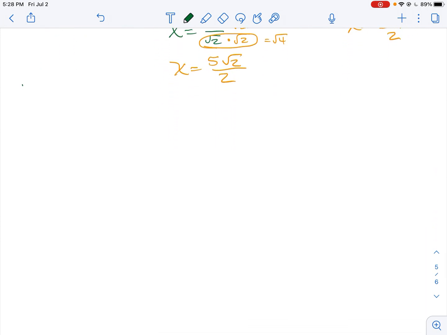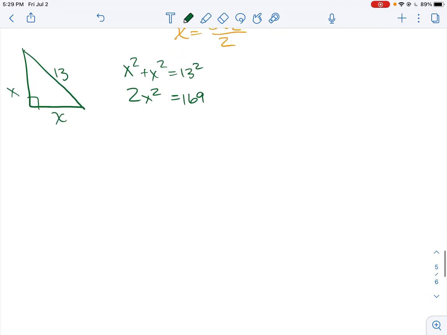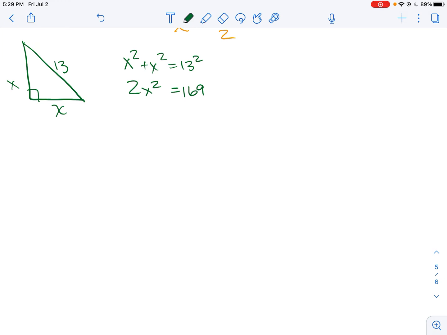Okay, we're going to do it again. I take x squared plus x squared equals 13 squared. 2x squared, because when I add x squared with x squared, I get 2x squared. This would get me 169. I need the x squared by itself, so I divide both sides by 2.